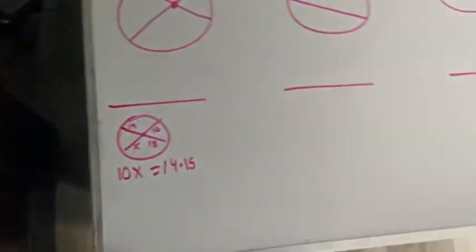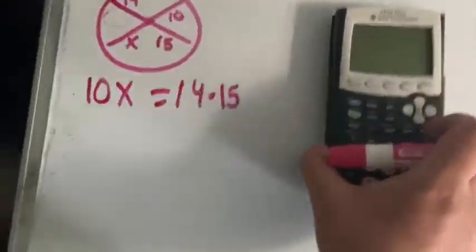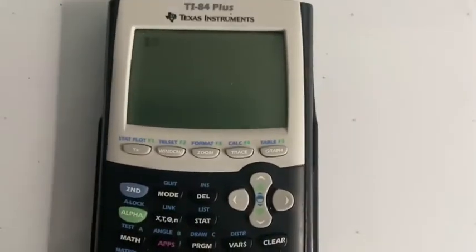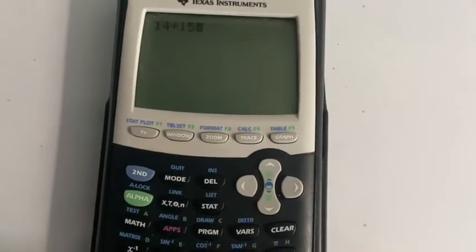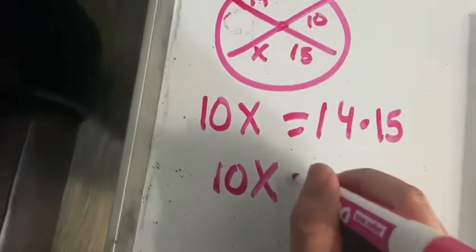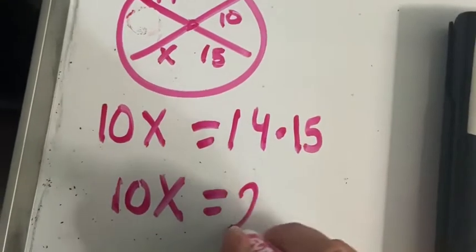And now I'm going to go ahead and grab a calculator. I'm going to do 14 times 15, which is 210. So then I have 10x is equal to 210.